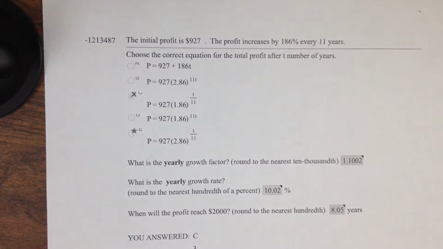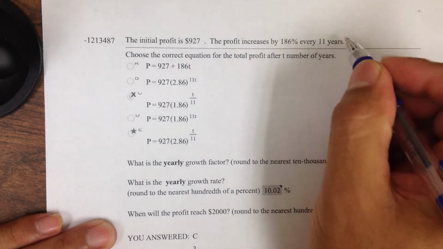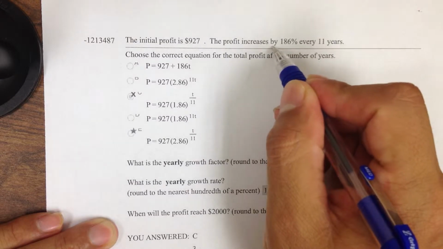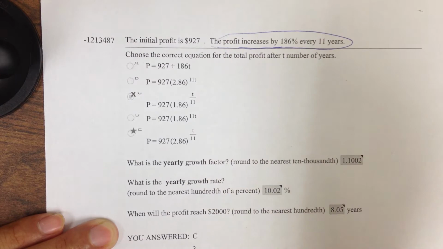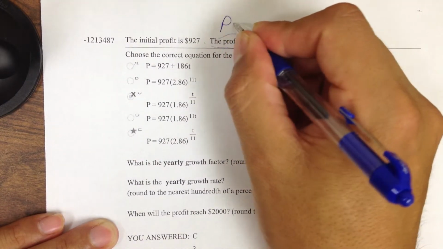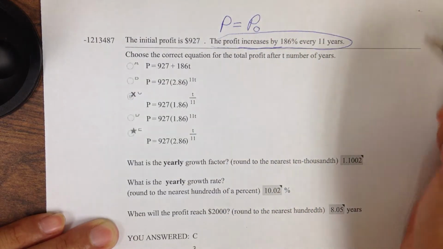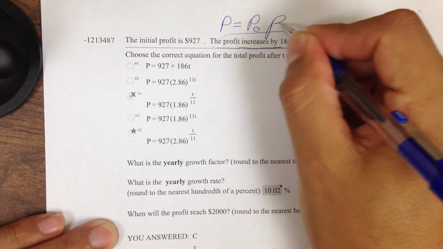Okay, to handle this function, you have to realize we need to use a relative factor, sometimes referred to as a quick factor, because you're given a profit that is increasing not every year, but every 11 years. So the base format of this function is P for profit, with P naught being the initial profit, and I'm going to use the beta.